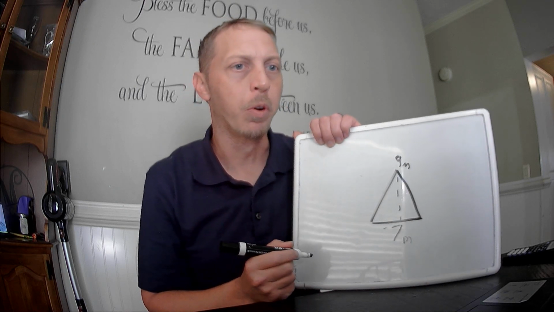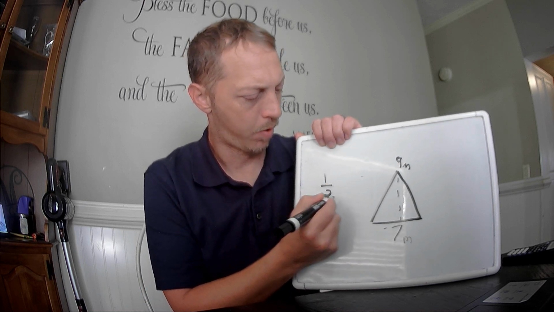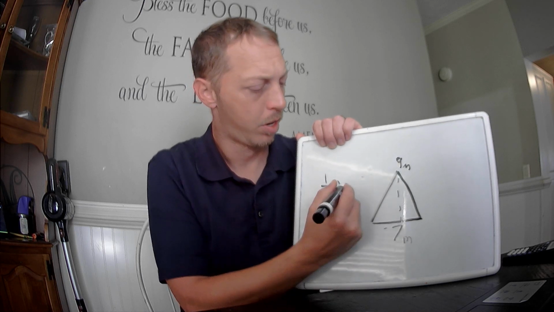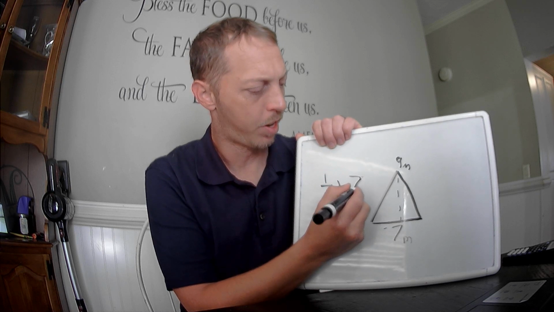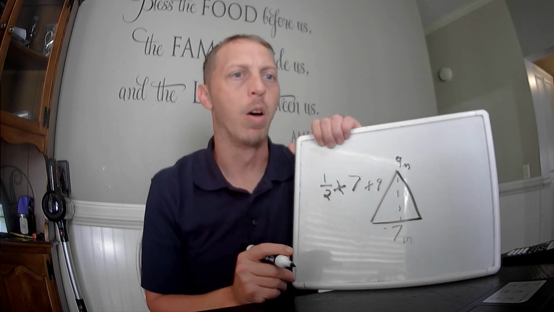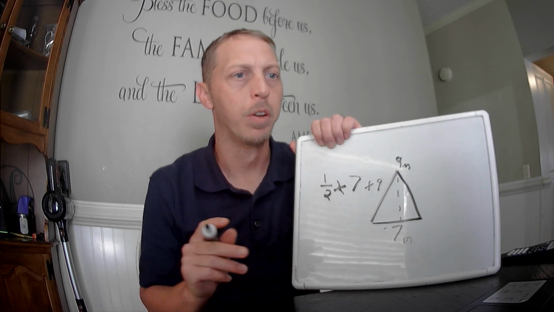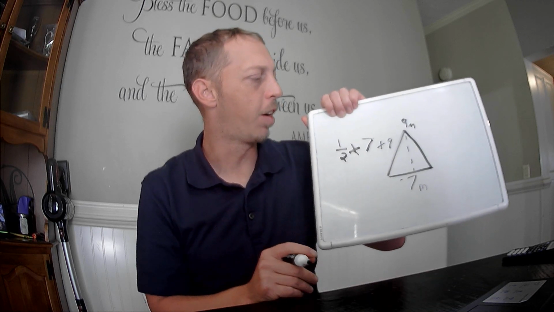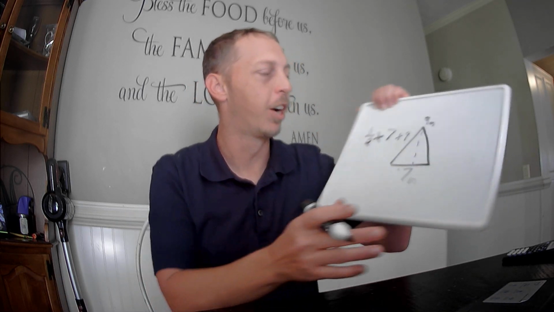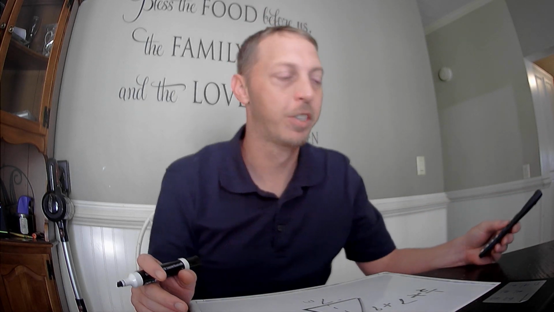So what we're going to do is say 1/2 times base times height. Base is 7. 1/2 times 7 times 9. Normally I would get a calculator out to do the area of a triangle, because 1/2 times 7 times 9 isn't exactly easy to do. You can do it, but it's not as easy.